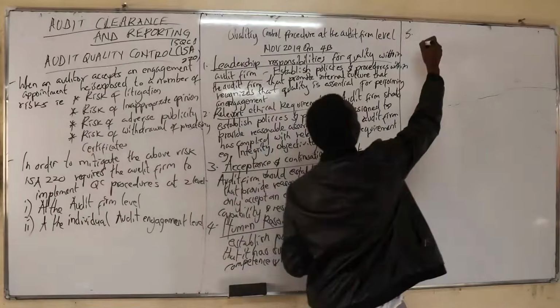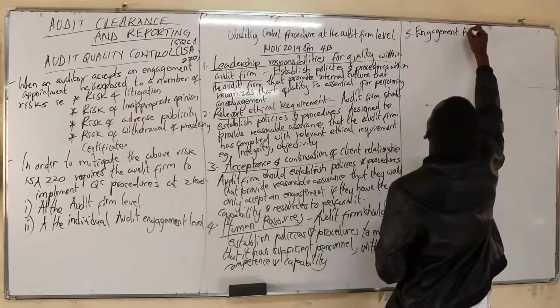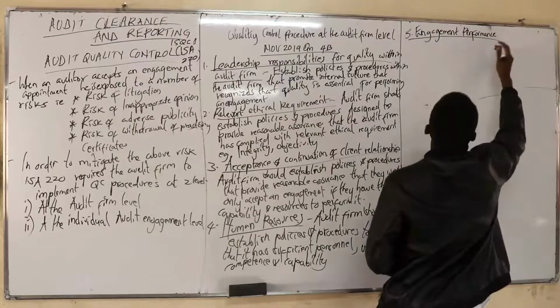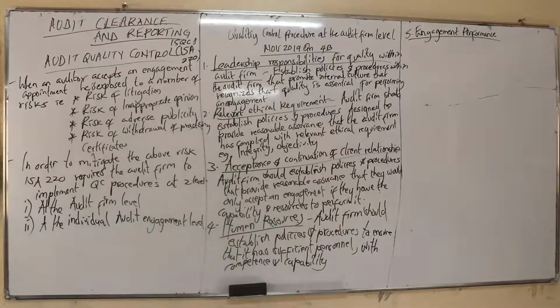And this now is on the engagement performance. So they should come up with procedures, for example, having the work of the junior members reviewed. So the audit firm should establish policies and procedures.